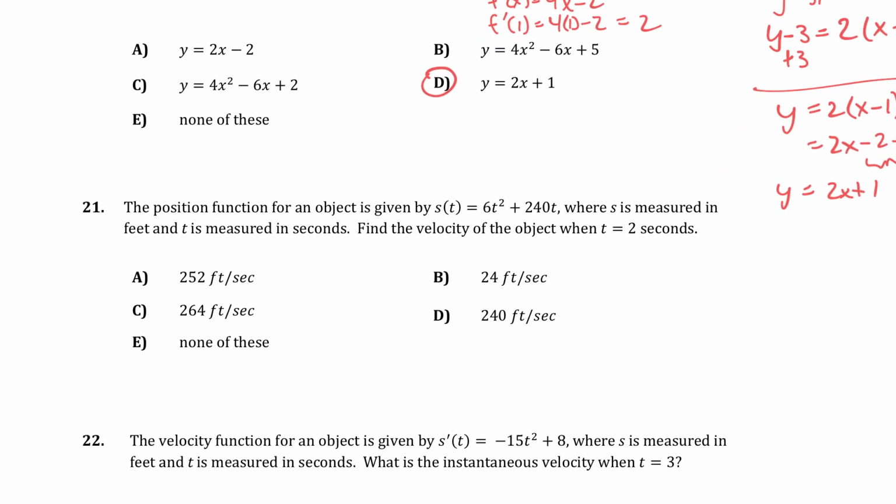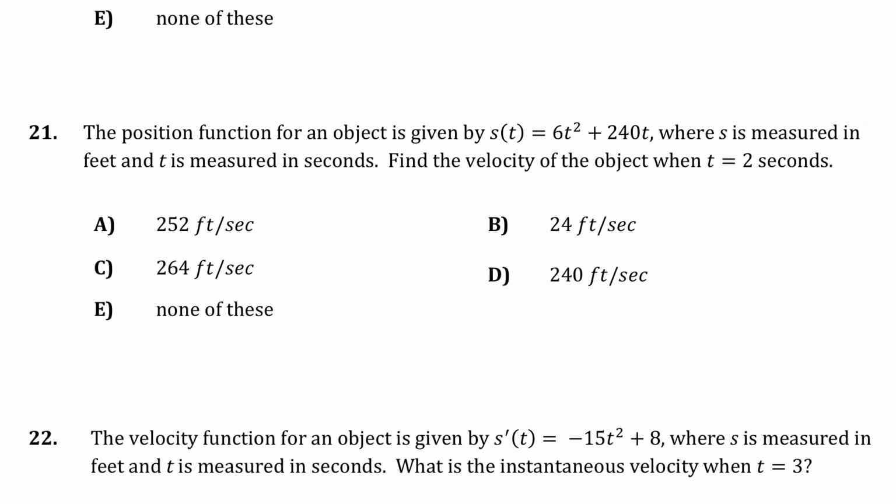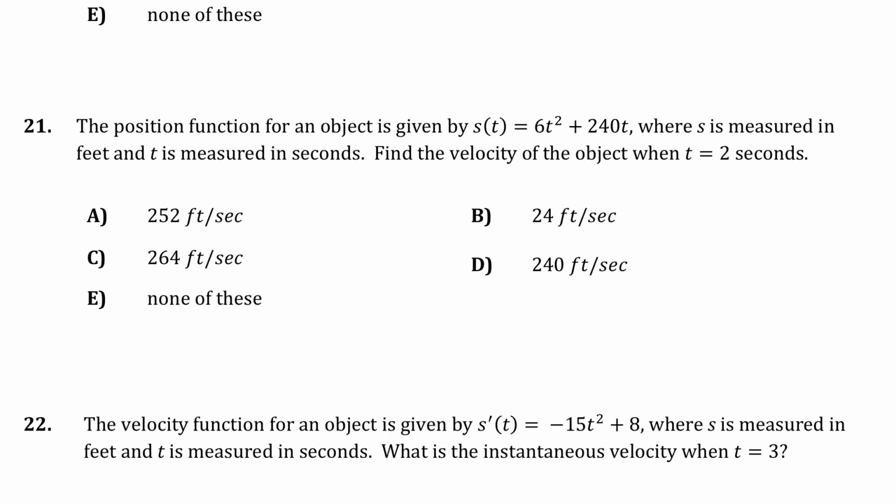Let's see here. The position function for an object is that, where s is measured in feet and t is measured in seconds. Find the velocity. Well, the velocity is the derivative of that position function. So let's take the derivative of that.